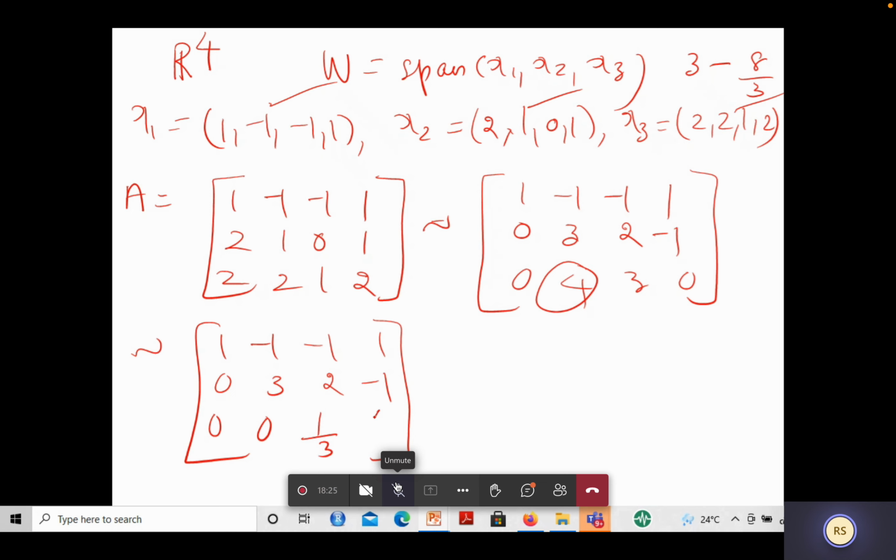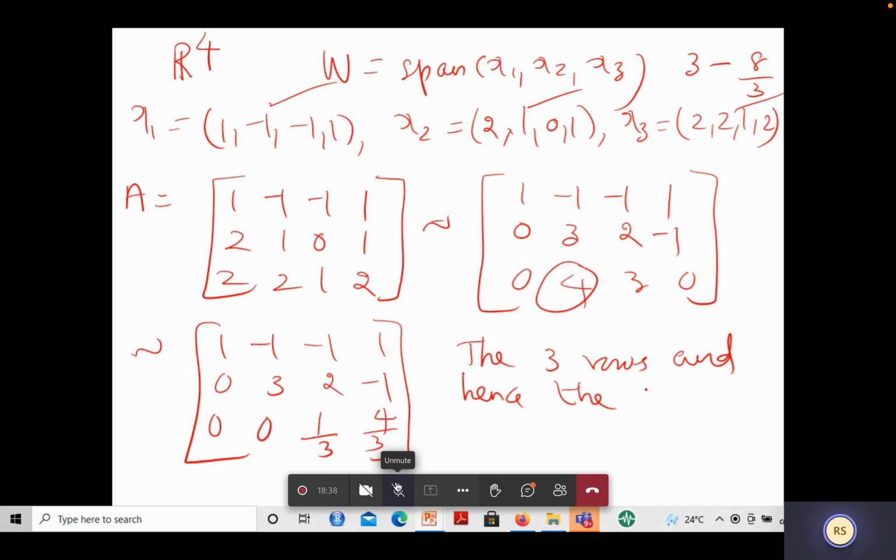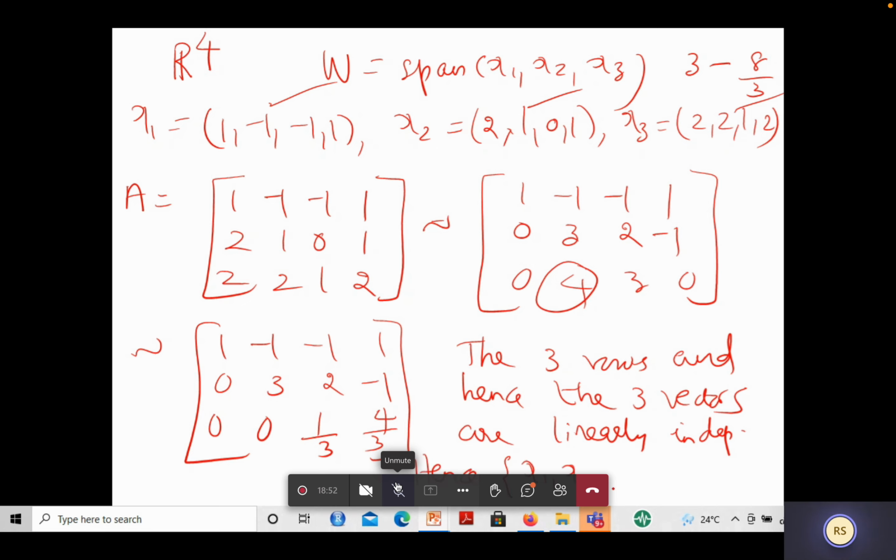Here plus 4 by 3. So you can very easily say that the three rows are linearly independent, and hence the three vectors are linearly independent. Hence the set x1, x2, x3 forms a basis for W.